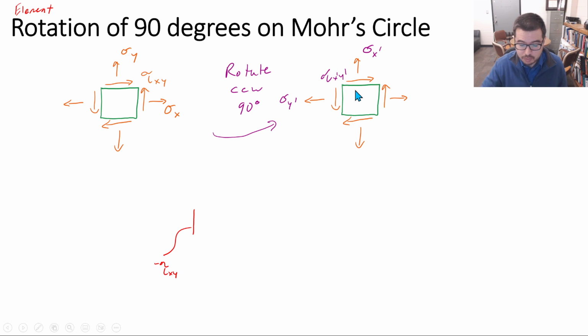If you essentially rotate this element backwards, the arrows are going away from the tau x prime y prime, so it's negative. And now the sigma x prime is what sigma y was, and this sigma y prime is what sigma x was. So how does that bear out on Mohr's circle?